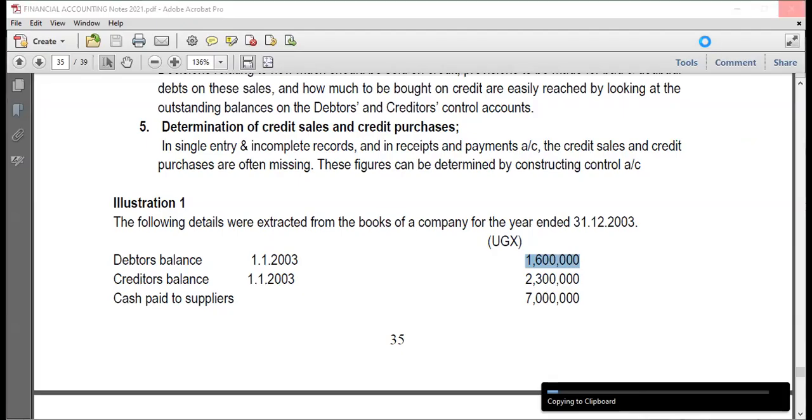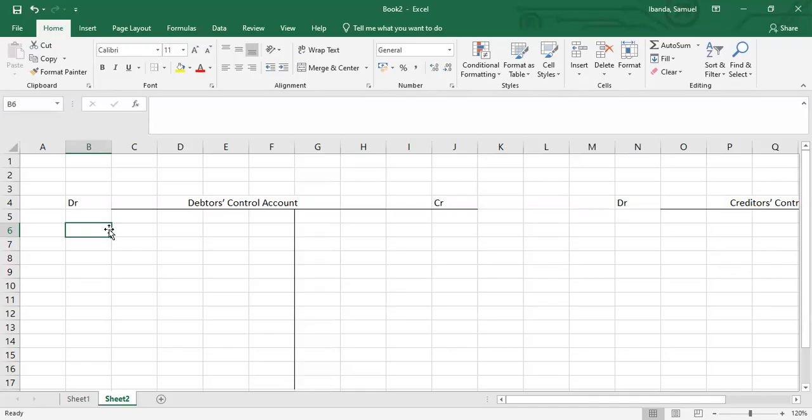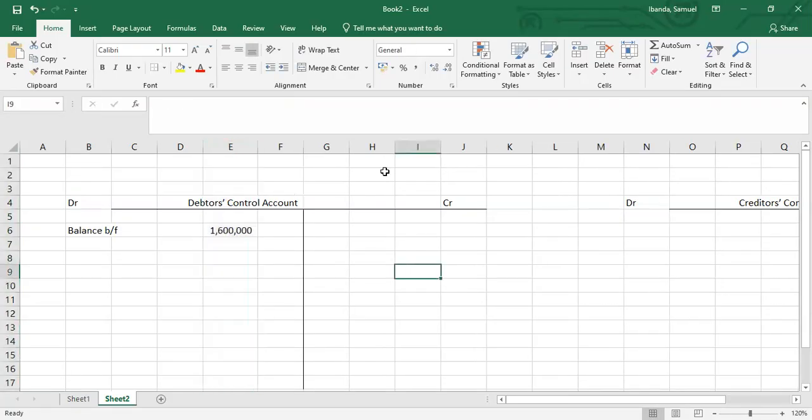Okay, so I'm here. So since they told me that the balance should be on the debit side, I'll come and record it here. Balance brought forward or brought down, okay? And I'll record the figure 1.6.